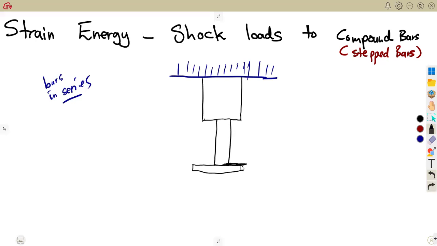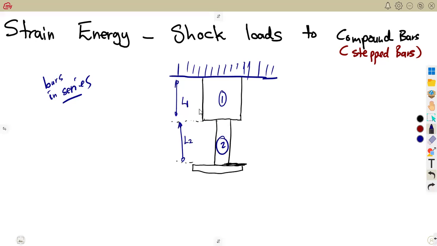As we consider this presentation, we will see that this is the first bar that we had, and the second one. The first one will have its own length, and the second one will have its own length. So let's say this is the length of the second bar, and this will be the length from here to here of the first bar.